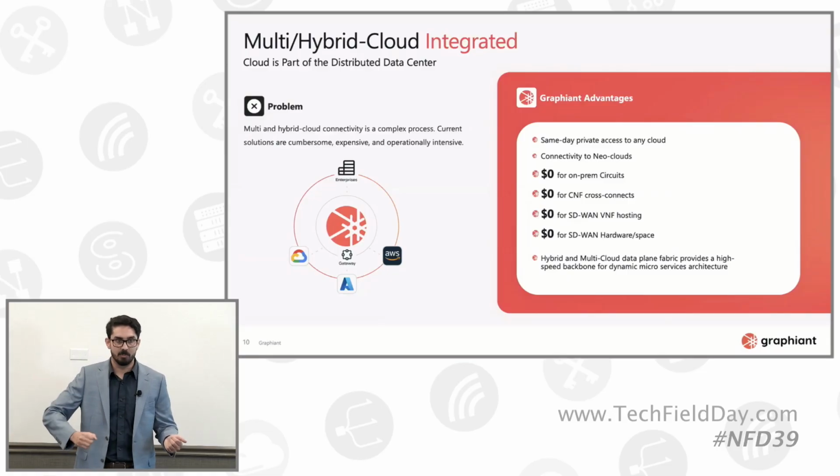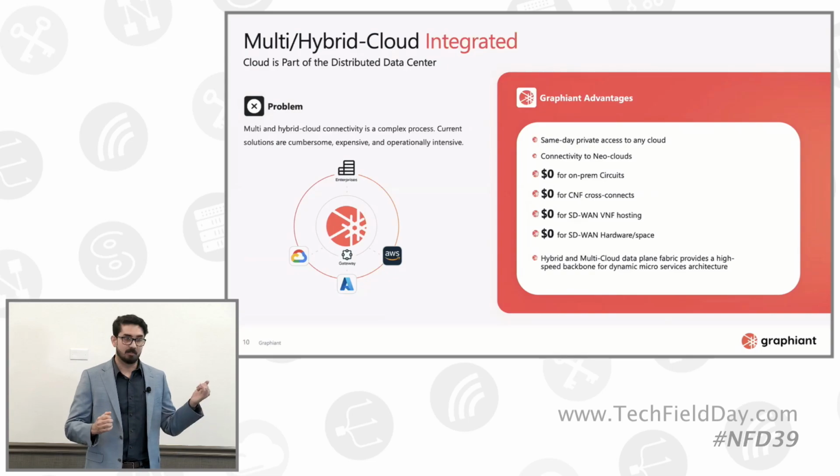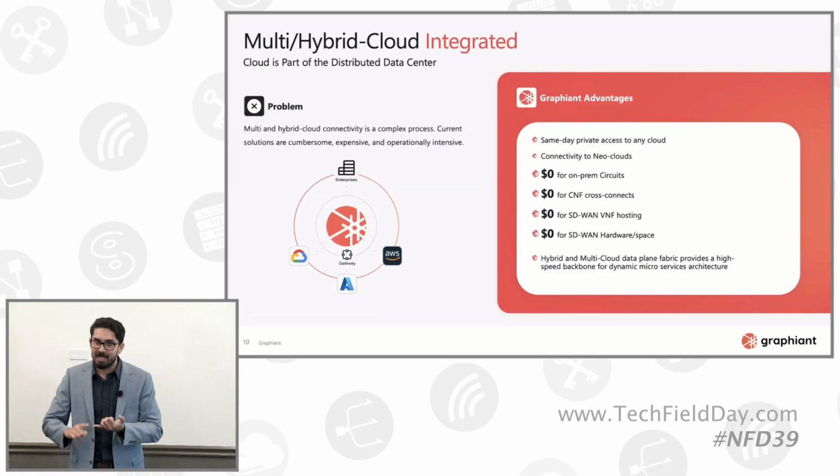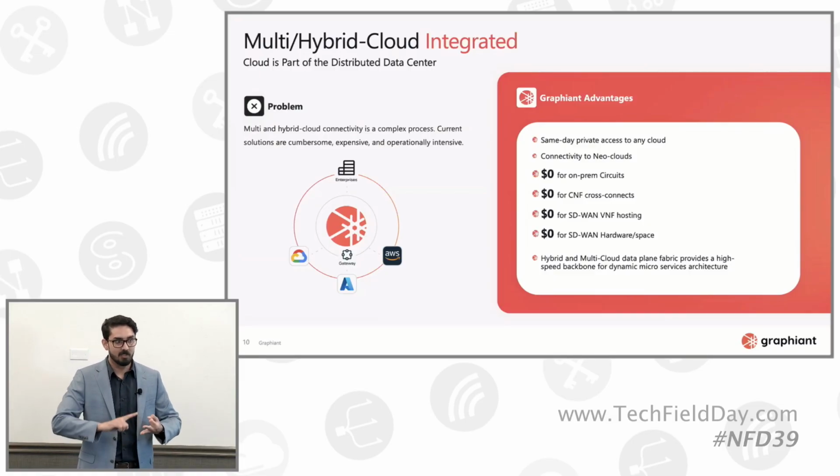Using our portal, you can set this up. It's going to connect you. Then we can support up to 100 gigabit per second connections. We can support MACsec to make sure that even your connectivity into the cloud is secure and private. All of this focused on the same use cases we talked about. High bandwidth, low latency, secure connectivity.